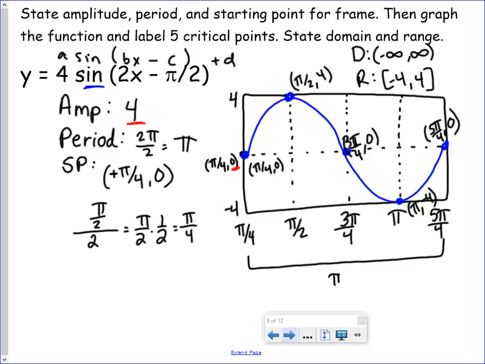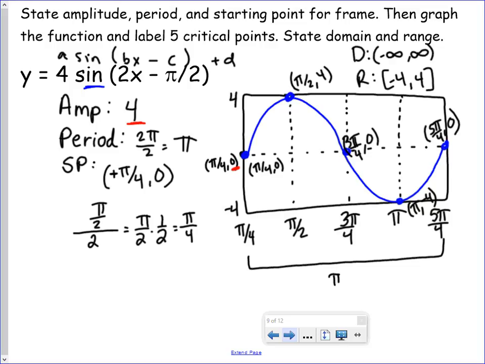I always just think, I'm going to add the full period, so where does it end? And then I want to go halfway, so what is in the middle of those two? Or you can actually do the mathematics work: if your period was pi, add pi over 2 to your starting point. And if you are going to take half of a half, you'd be adding a fourth to that. So you'd add pi over 4 to that.